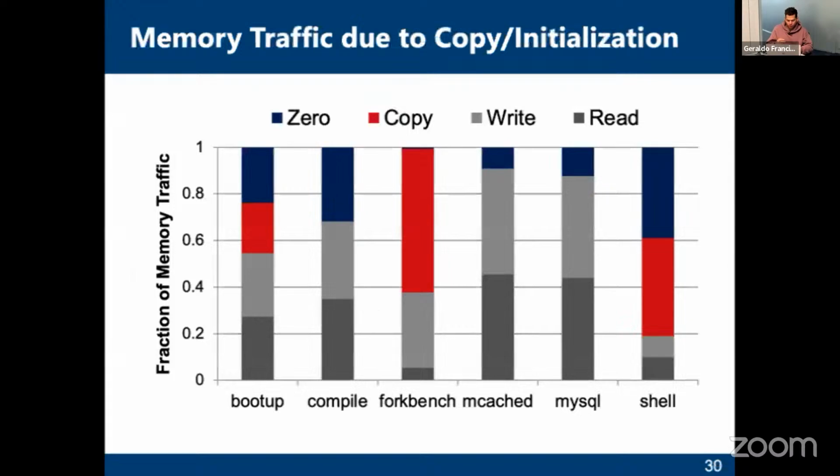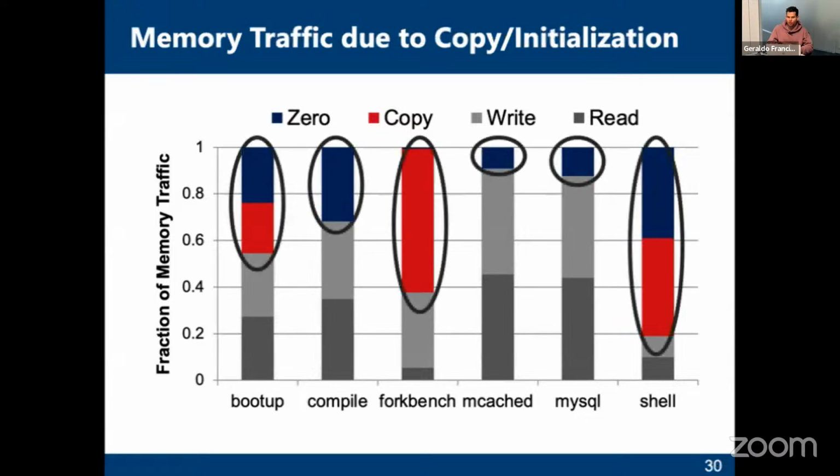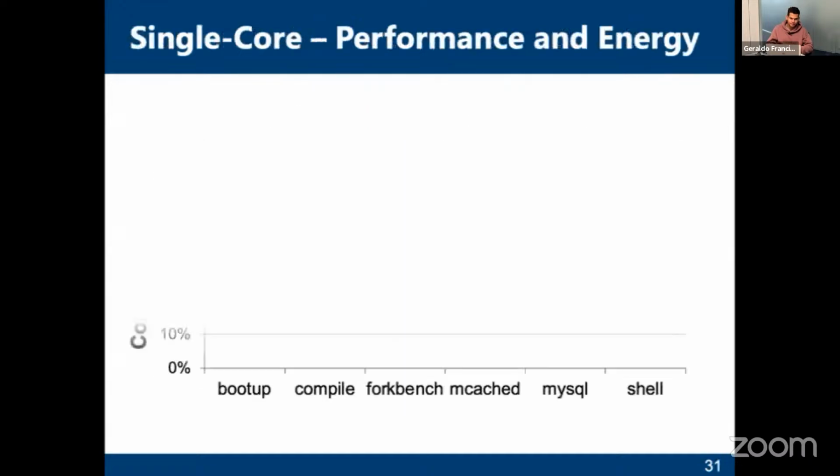We provide these applications and characterize their memory traffic, and we see that a big part of the memory traffic for those applications is spent on zeroing, and also for some applications, a big part of the execution time or the memory traffic is spent on copy.